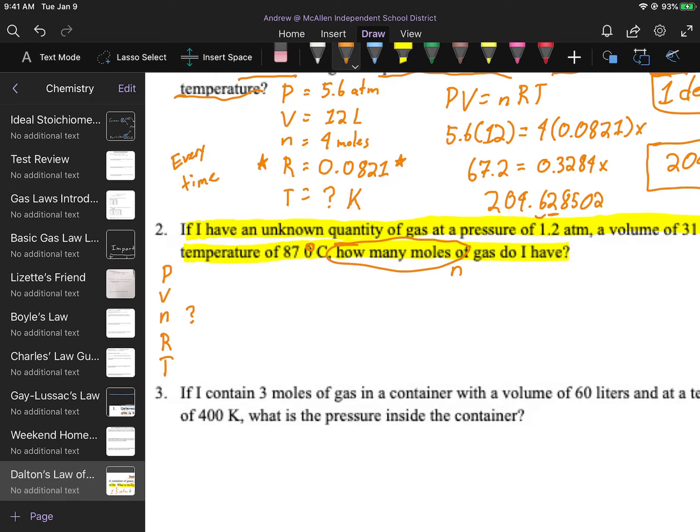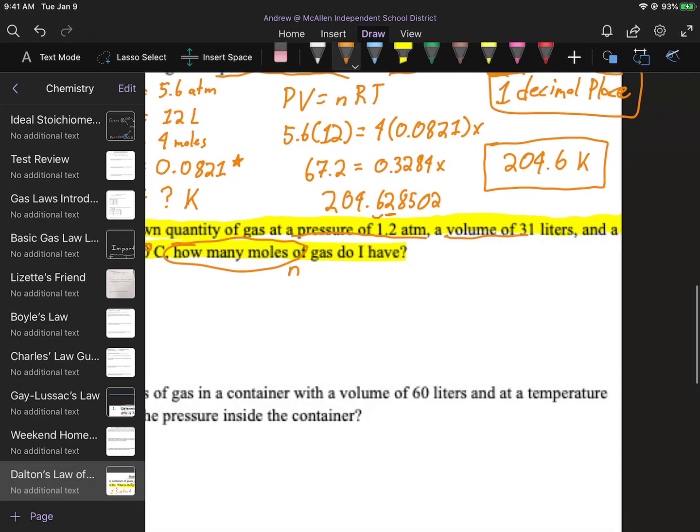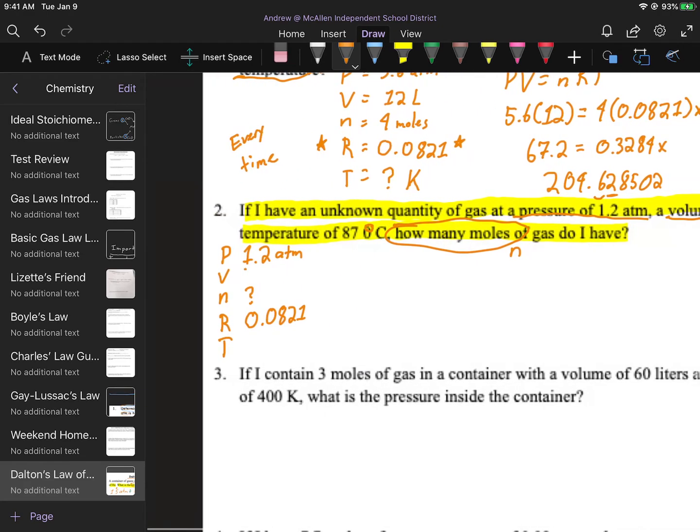We know that the ideal gas constant is 0.0821. I gave you a pressure of 1.2 atmospheres, a volume of 31 liters, and a temperature of 87 degrees Celsius.